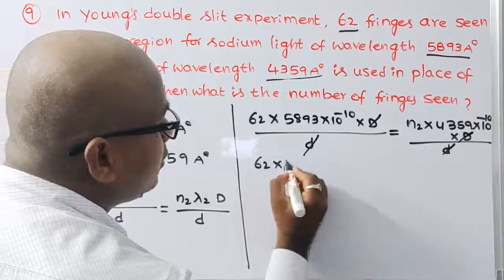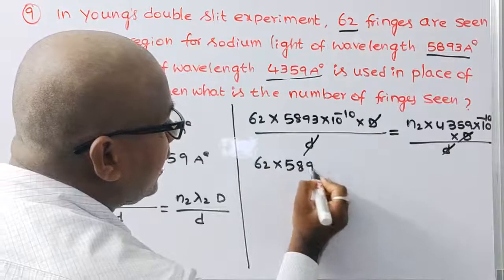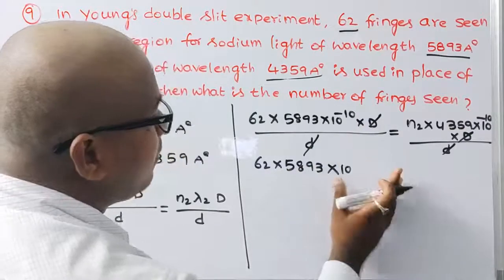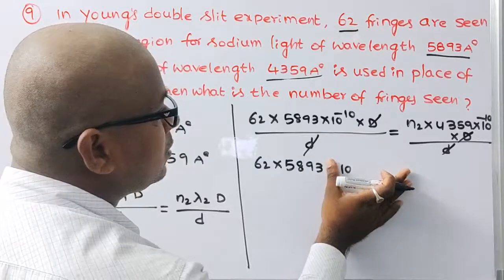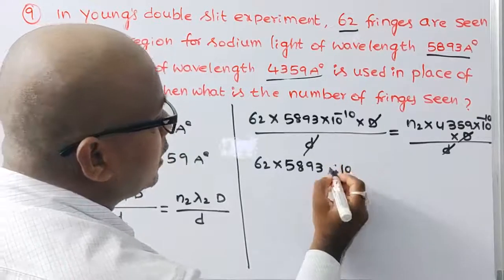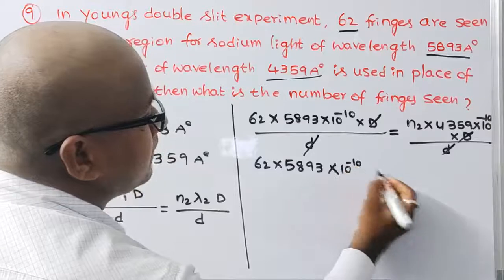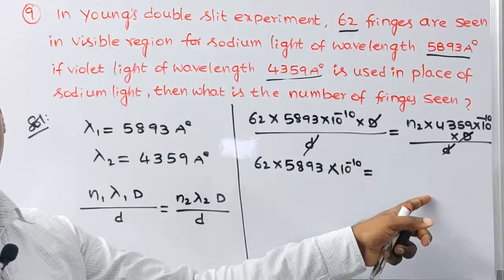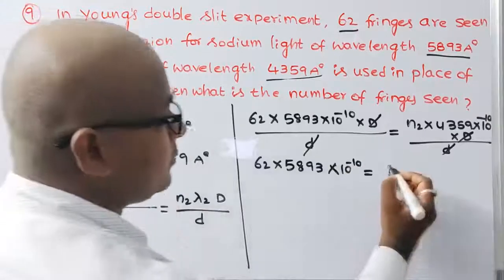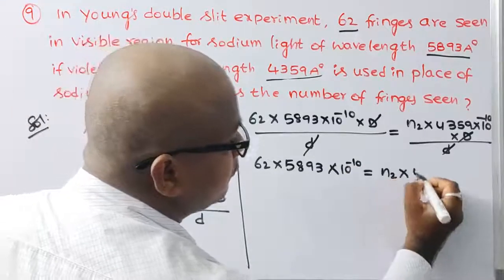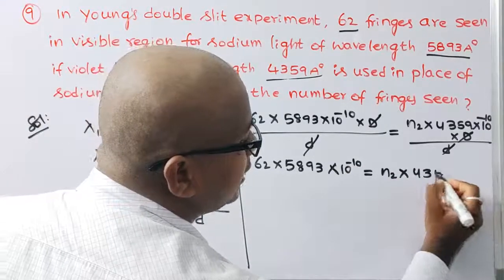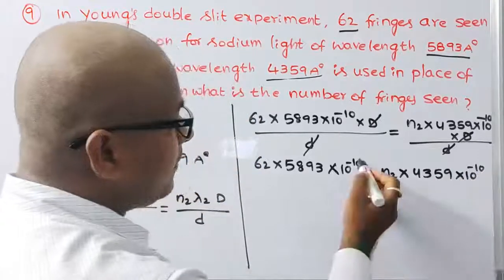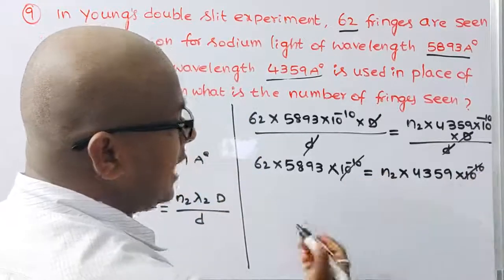62 into 5893 into 10 power minus 10 is equal to n2 into 4359 into 10 power minus 10. The 10 power minus 10 cancels.